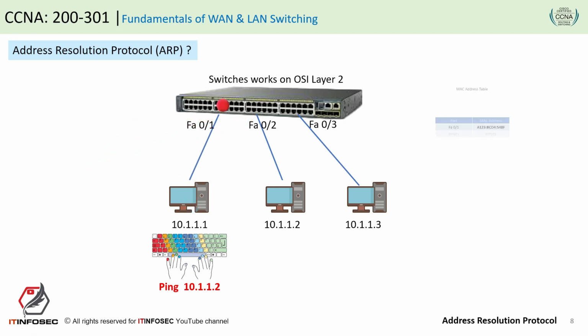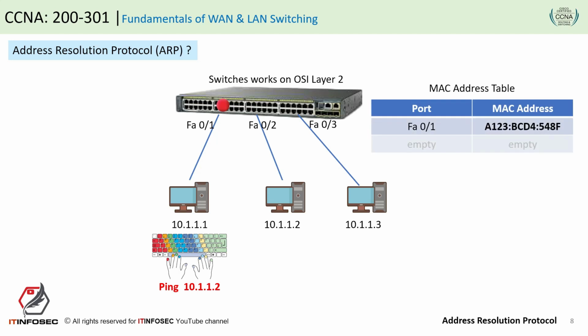At this time, the switch quickly checks its MAC address table. Each layer 2 switch, or layer 3 and above, has a MAC address table that saves the MAC addresses of computers.